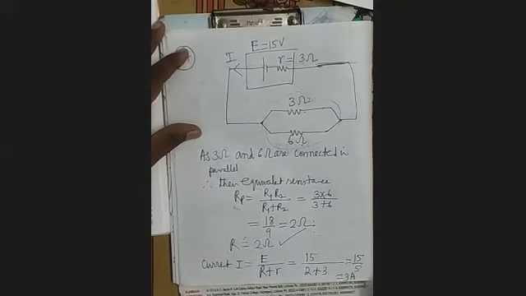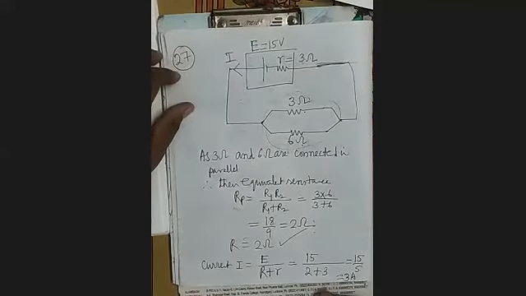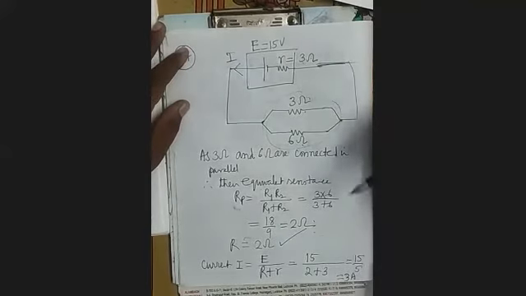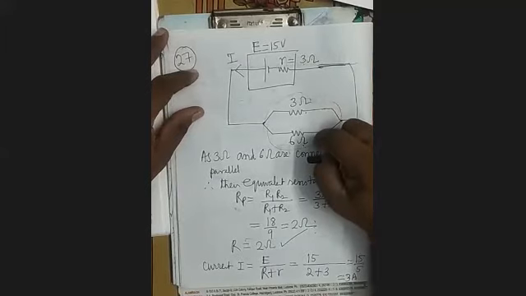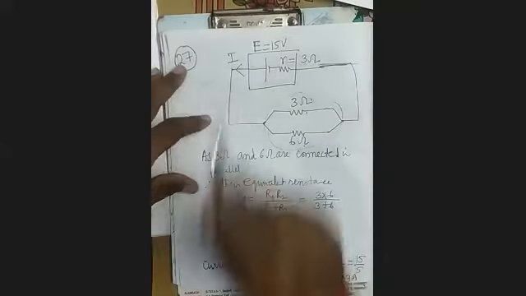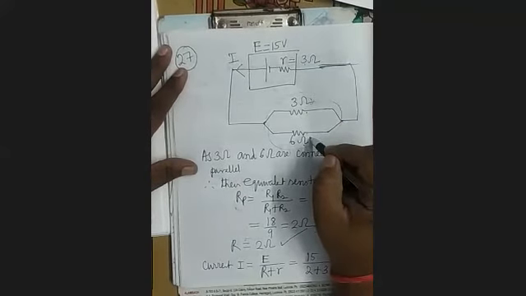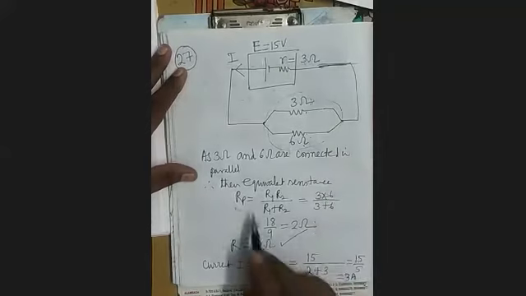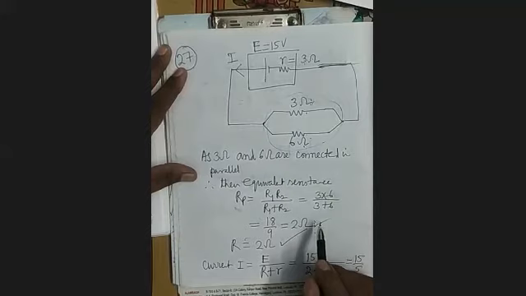So now you can see once again, here there is a cell whose EMF is 15 volt and internal resistance is 3 ohm. It is connected across two resistors which are connected in parallel. You have to find the current through battery, means you have to find main current. So see here, first you find the equivalent of these two. They are connected in parallel. What will be their net resistance? 3 into 6 upon 3 plus 6, that equals 2.